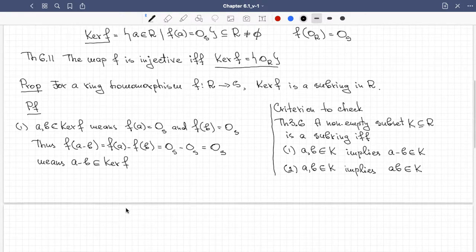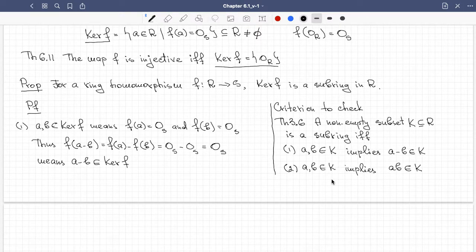Let me also check the second condition. For the second condition, we again have A and B belonging to the kernel.